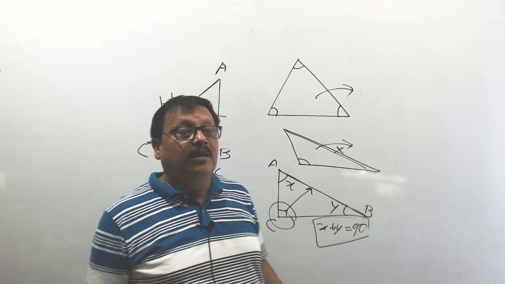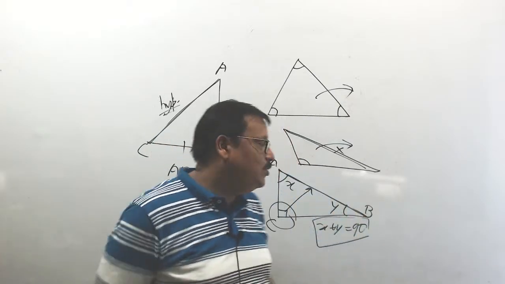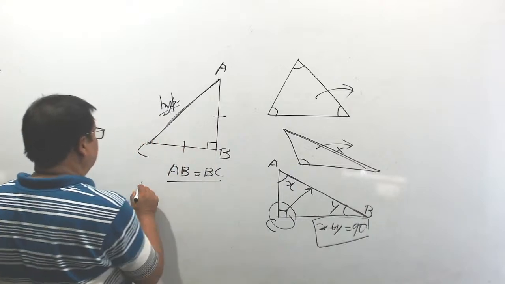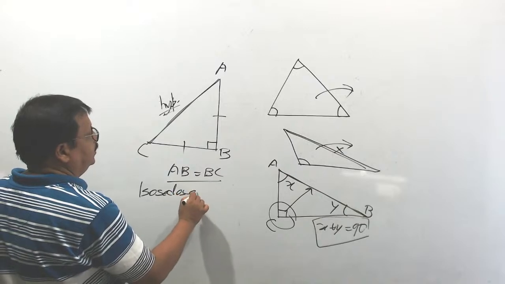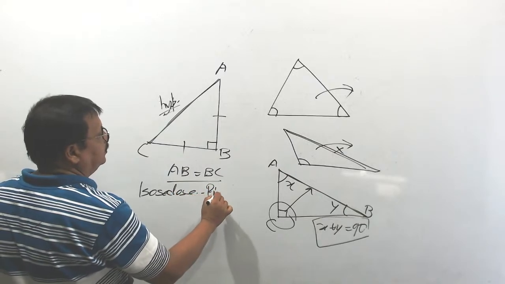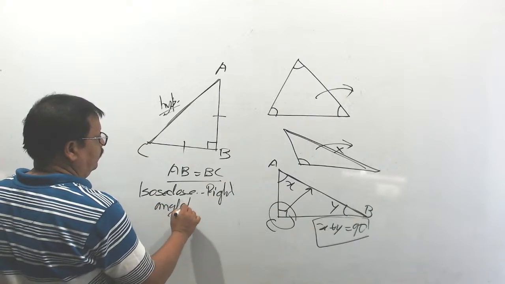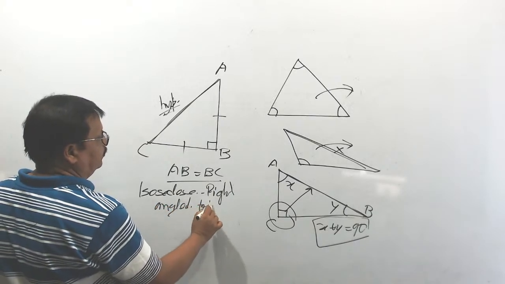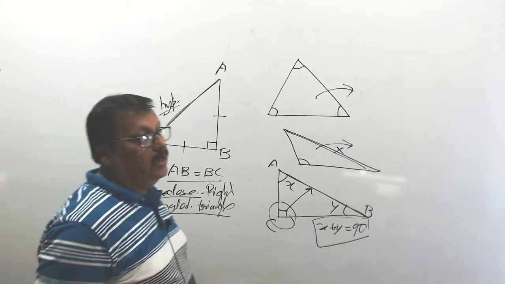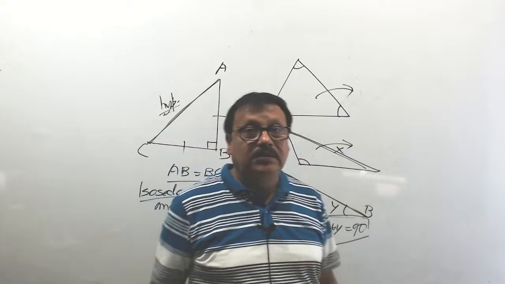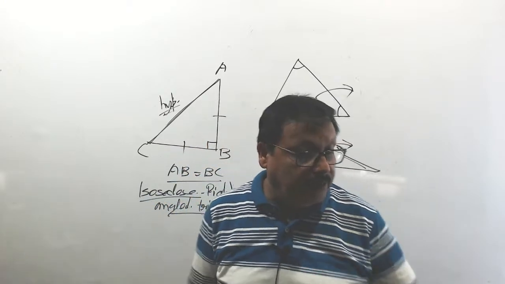This is called an isosceles right angled triangle. Understood? Okay, this is a special category of triangle.